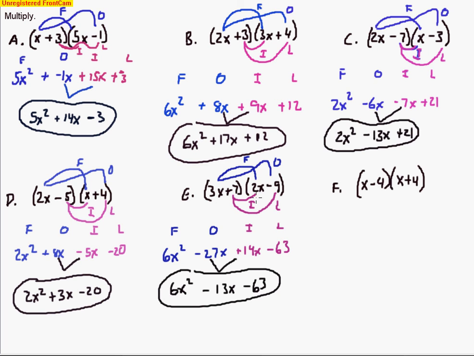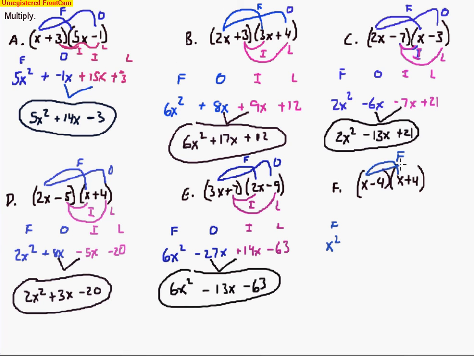Well, this one is one that we're going to see a lot more of tomorrow. We're going to end up having to deal with these special products. And so here's a special product. We have a sum and a difference. I call it a sum because we're adding, but this is a difference because we're subtracting. But they are the same numbers, just the 4s have opposite signs. So let's take a look at our first terms there. x and x make x squared.